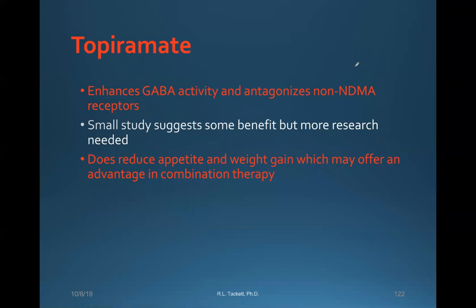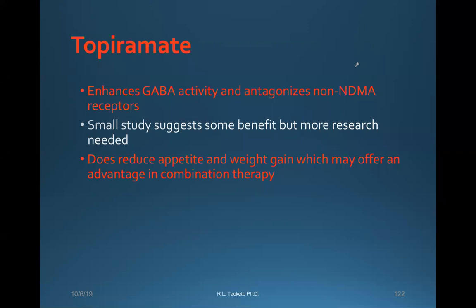Topiramate is another drug which enhances GABA activity, and it actually antagonizes the non-NMDA receptors. There was one small study that suggested some benefit, but again, not a very robust study.